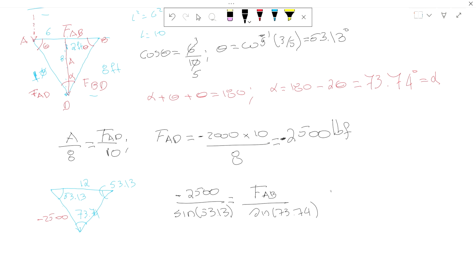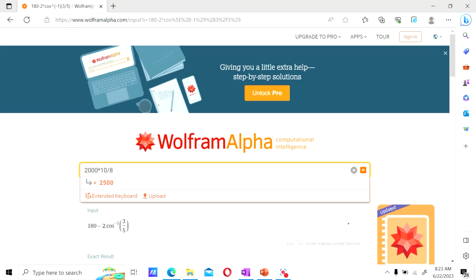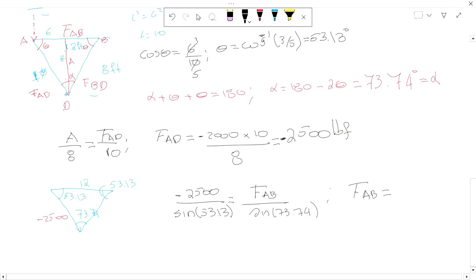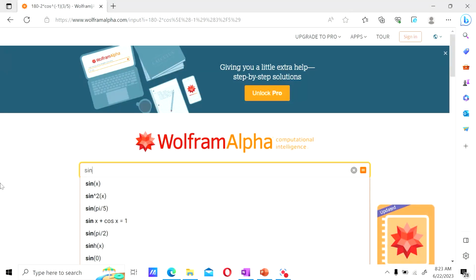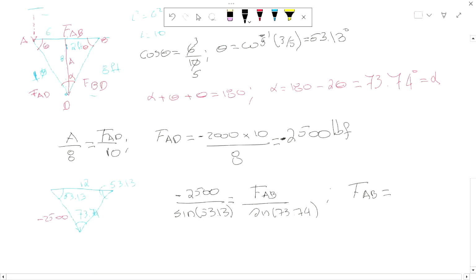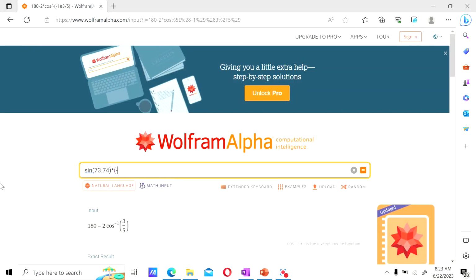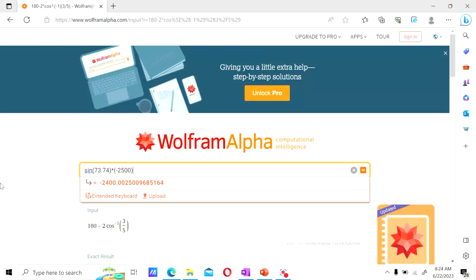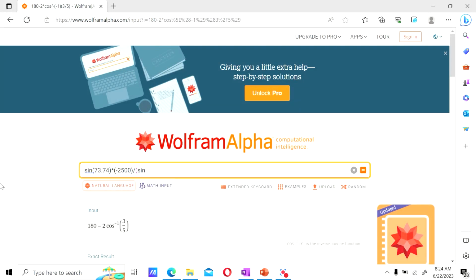That will tell us that F A to B is equal to sine 73.74 times negative 2,500 divided by sine of 53.13.